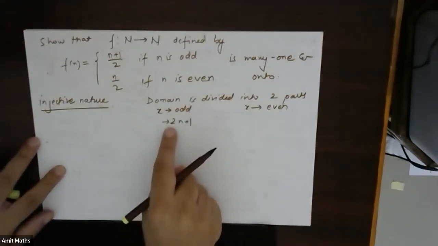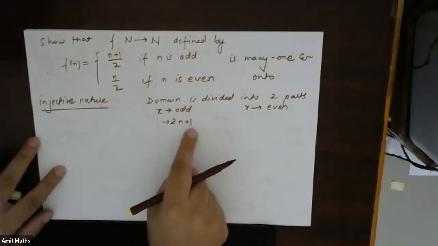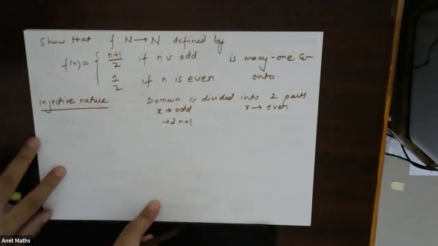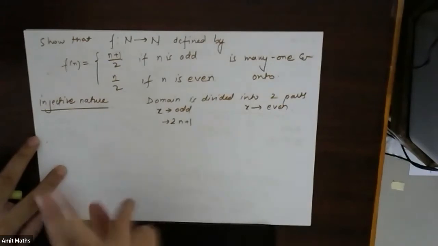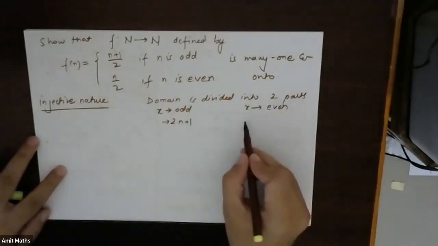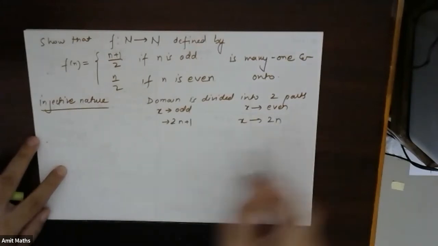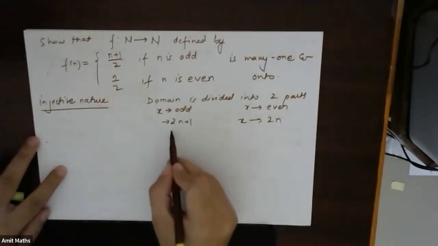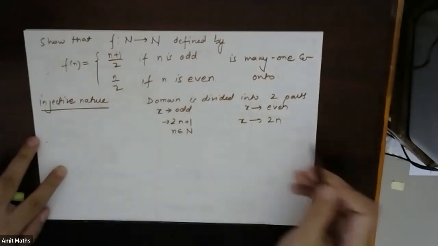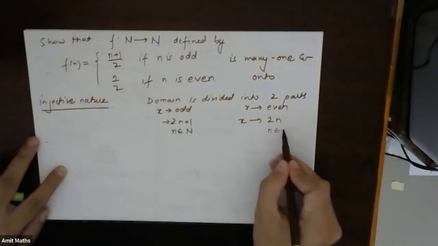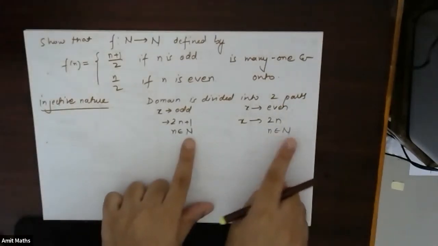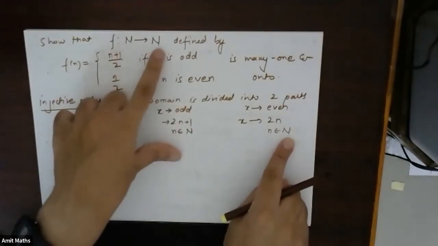Either 2n plus 1 or 2n minus 1, depending on the question. If it is even, then you can always take x of the form 2n, where in both cases n belongs to natural numbers. Why am I taking this as a natural number? Because the function is from natural to natural.